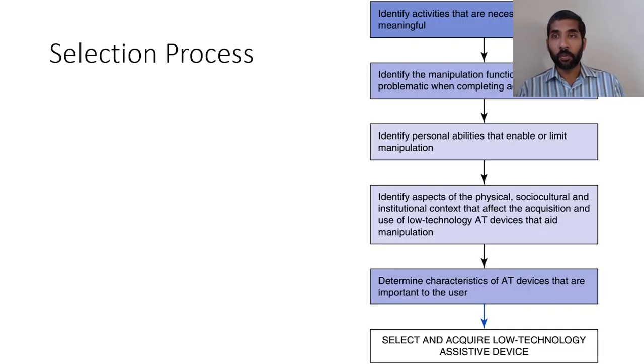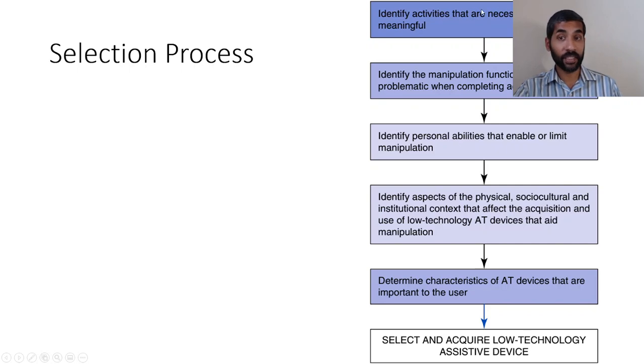Of course, we can also talk about how we select assistive technologies, right? As we have said many times, we need to identify what activities are necessary, desired, and meaningful. We have to identify which manipulation functions are problematic, and then we have to identify the personal abilities. So these are the human element.